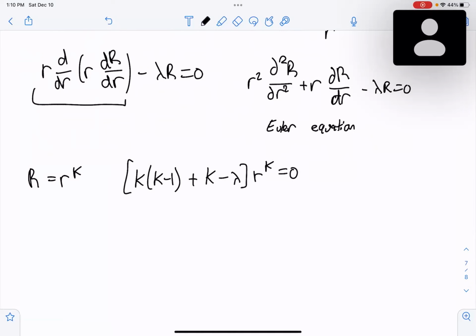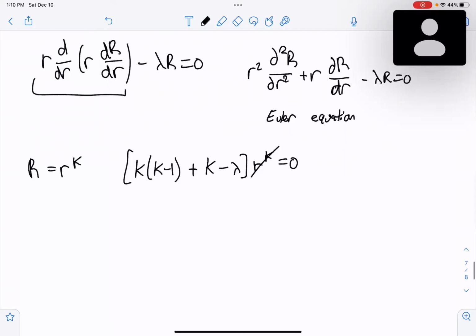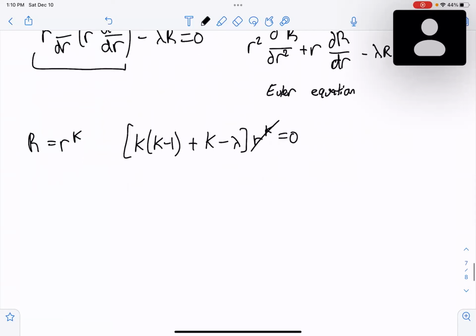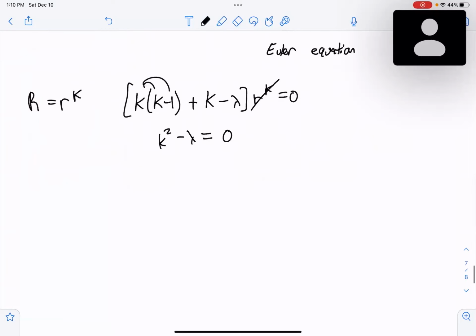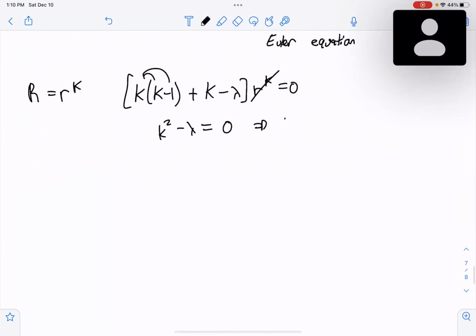We can divide through by this, obviously, since r to the k won't be 0, to get that k squared minus lambda is equal to 0. Hopefully that was trivial here. Basically, we're just multiplying through here, and then we get negative k plus k is 0. And this is what we get. And then obviously this implies that k is equal to plus or minus square root of lambda.